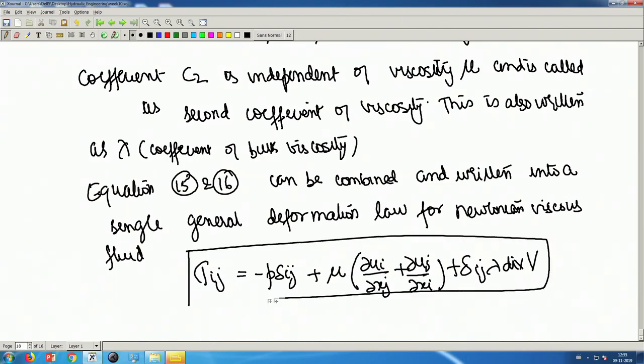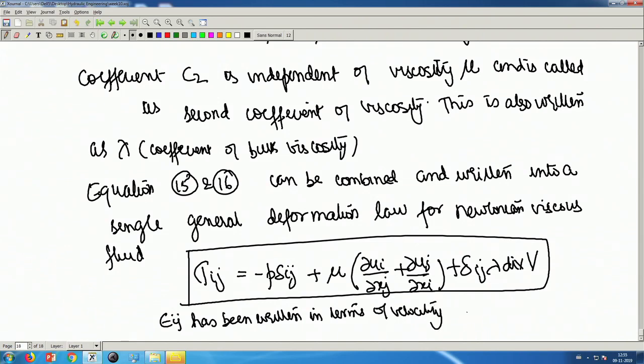All right. Epsilon ij, if you remember, has been written in terms of velocity gradients.